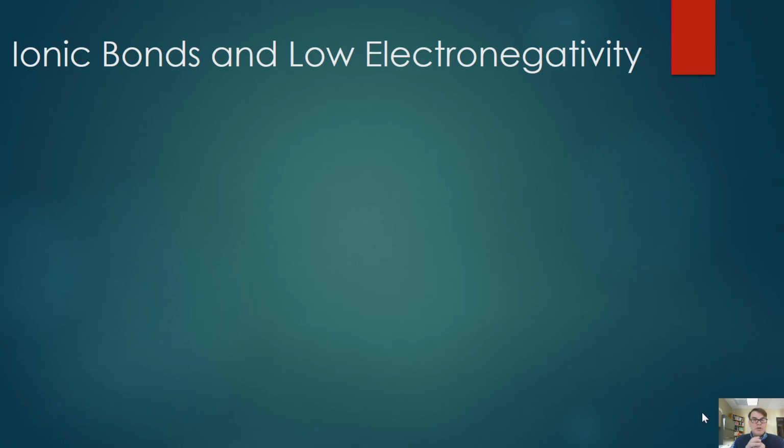Okay. So let's talk about ionic bonds and electronegativity. If you remember electronegativity, if you start at the bottom left of the periodic table, it has a very low electronegativity, and then as you go up and as you go over to the right, electronegativity seems to increase.